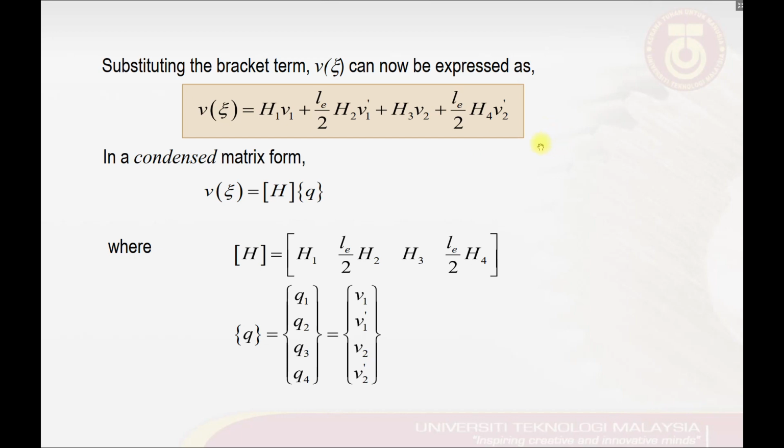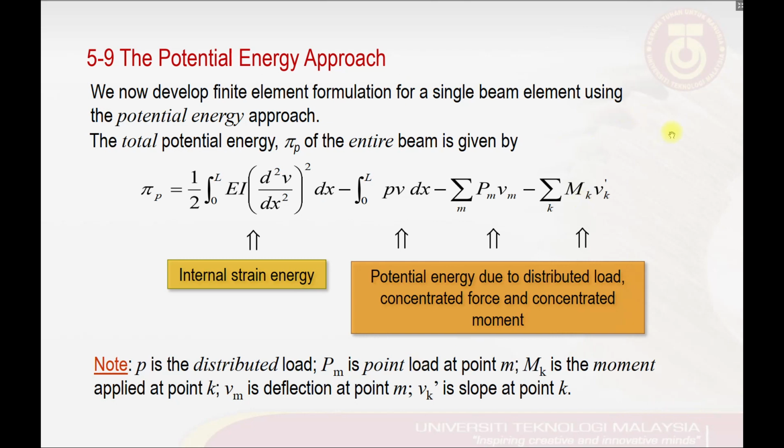And these equations can be written in a more compact matrix form, which is given by v equal to h multiplied by q, where the h matrix contains the row vectors, which contain all the h values, while q here refers to the column vector, and it contains all the translations and also rotations at node number 1, and also translation and rotation at node number 2.